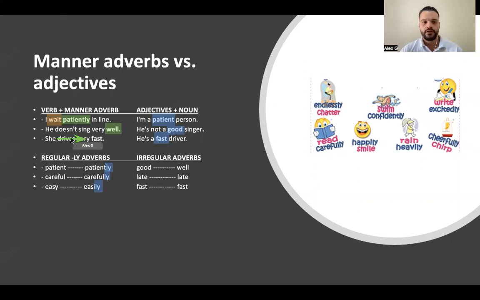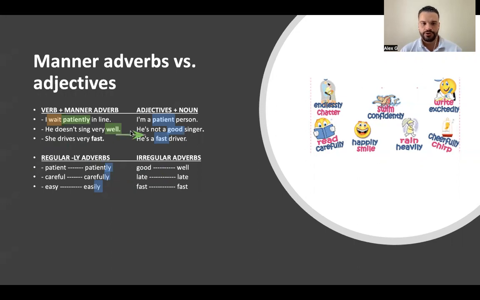However, not all adjectives or adverbs follow this spelling rule. We do have some irregular adverbs. For example, good, well, late doesn't change at all, and it remains late. And the same thing goes for fast. It's the adjective and the adverb form.